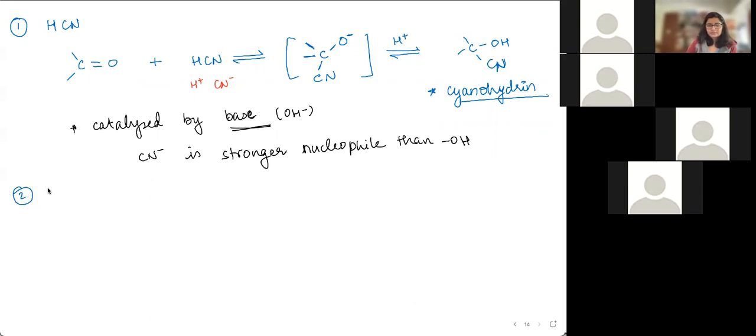The second one, sodium bisulfite, NaHSO3. So, ma'am, you're also Na plus and HSO3 minus, right? This is slightly different. In the ionic case, yes, HSO3 minus Na plus, but we've done electrophilic substitution and all also with this.